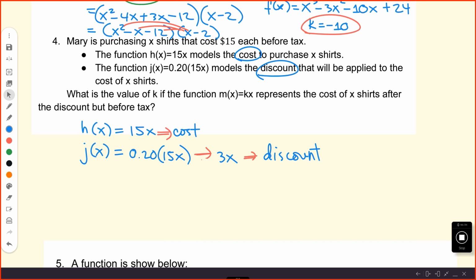Since we're just asked to write the function m of x, it's another function, which is the discounted cost. So m of x, we just have to subtract h of x and j of x. The cost minus the discount. So h of x minus j of x.